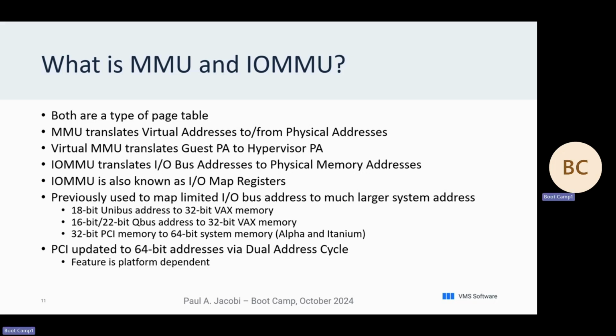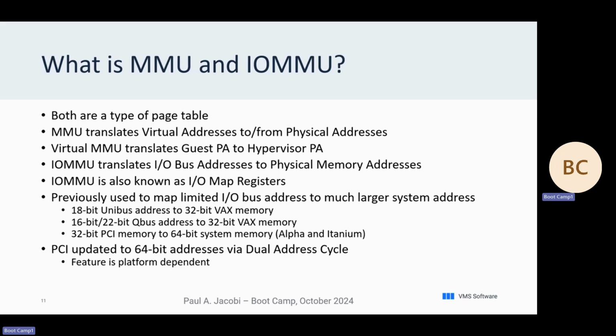Similar for the QBus, and a more recent example is mapping a 32-bit PCI IO space into a 64-bit memory address space on Alpha and Itanium. Now, at some point in the PCI specification's life cycle, PCI was updated to include full 64-bit IO addressing via something called the dual address cycle.